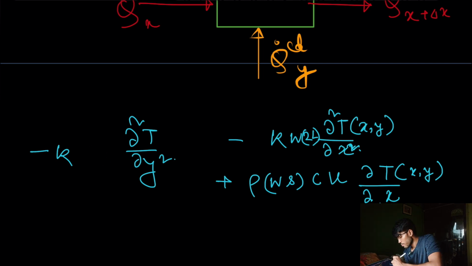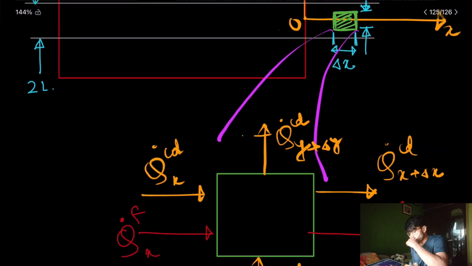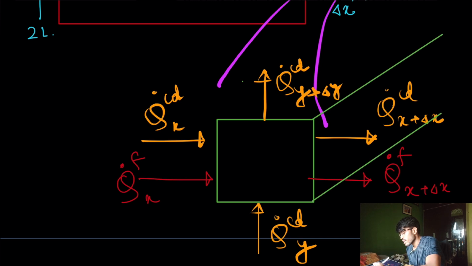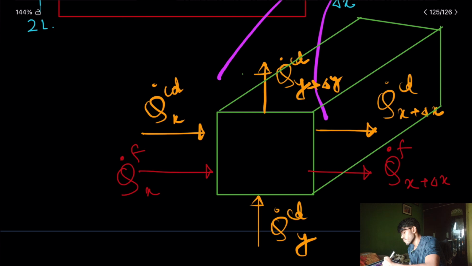If I see this control volume, it is actually having a width w, not d.